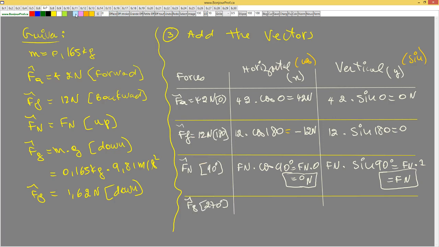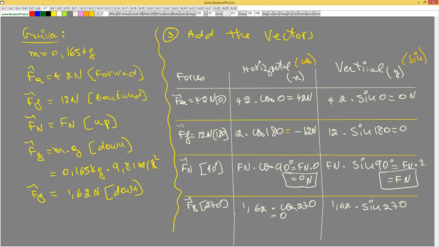So do the other one here. Fg. So what is Fg? It is 1.62 times cosine 270, and here 1.62 times sine 270. Cosine 270 is 0, so this one gives me 0. Okay, so it's 1.62 and then 270?